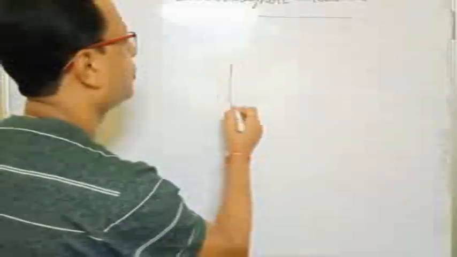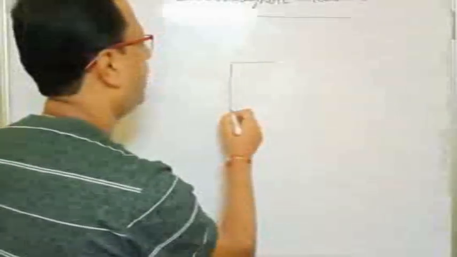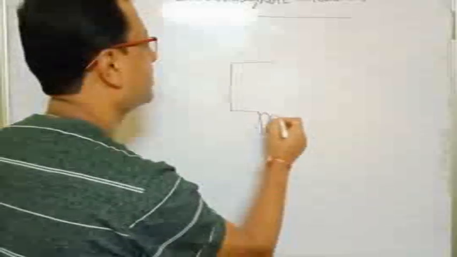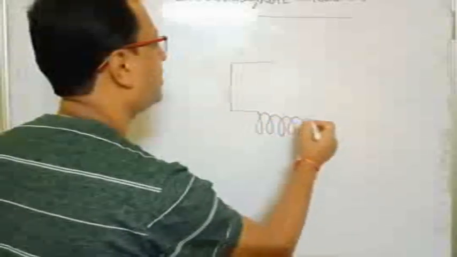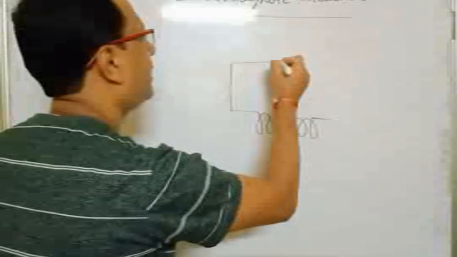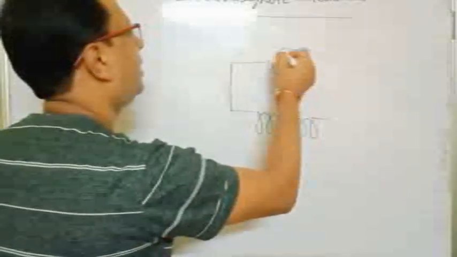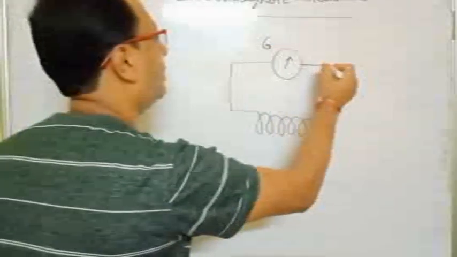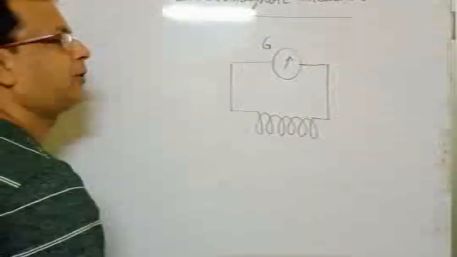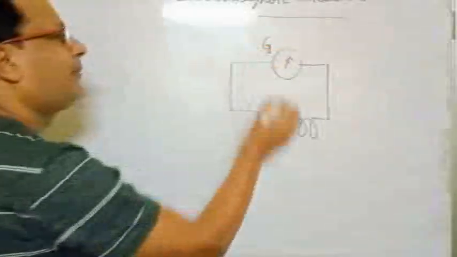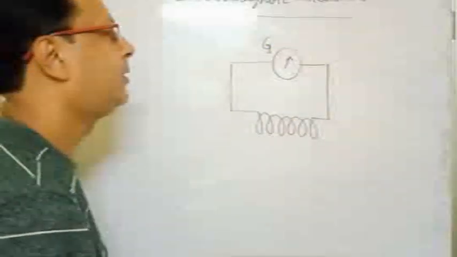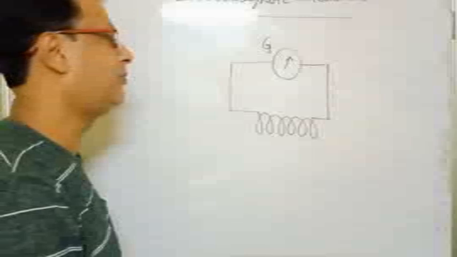He took a coil or a solenoid having lots of turns, and this was connected to a sensitive instrument called the galvanometer. Now remember I told you about the galvanometer? Galvanometer is a sensitive instrument which can detect a very small amount of current.